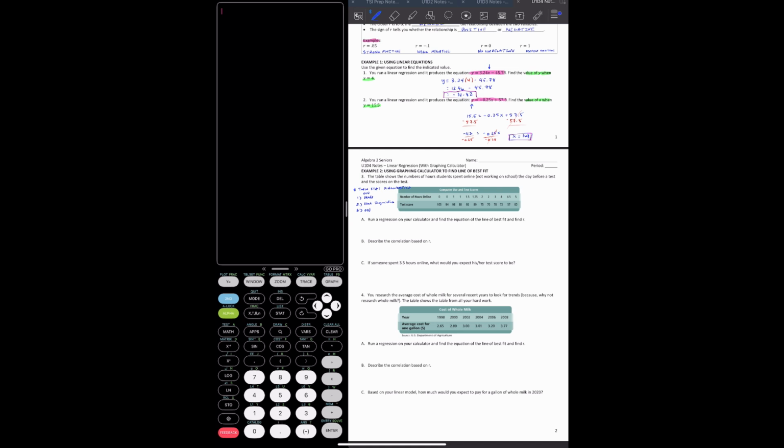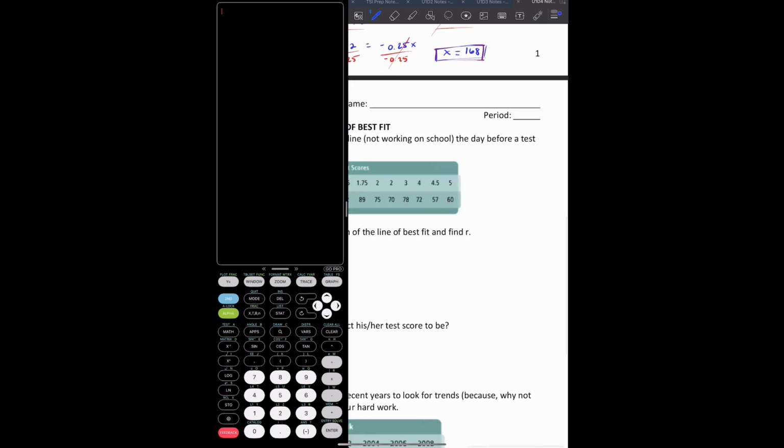So now that we made sure that the stat diagnostics are on, we have more steps to put on our paper. So we need to make sure that we run a linear regression.